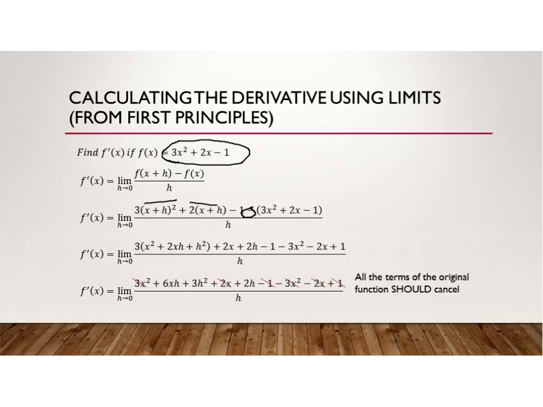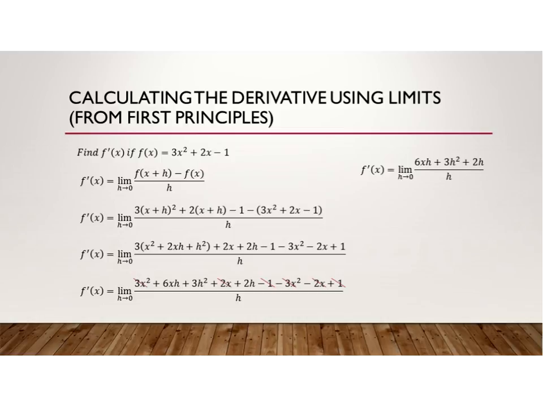So now we've cancelled out a whole heap of terms, and we reduce the problem now down to that. What we notice here is that we have a problem, and we've had this from the very first line. The problem is, if you have a look at that, h is going to 0.